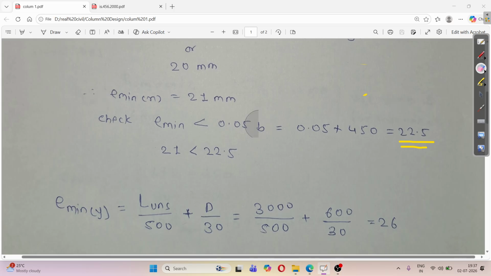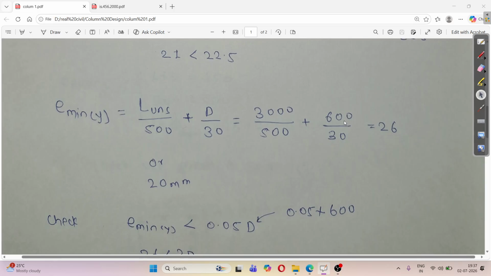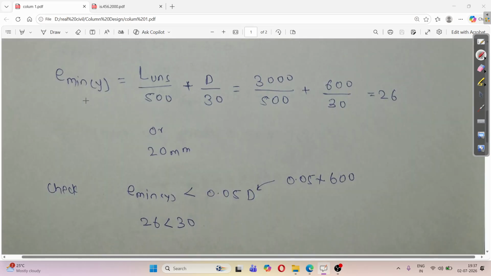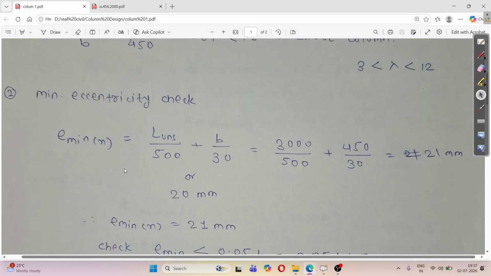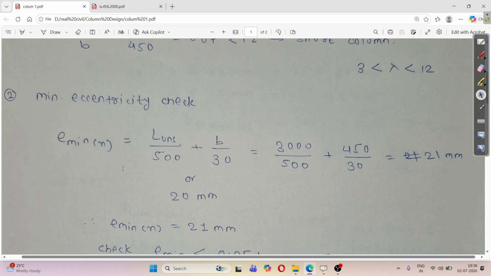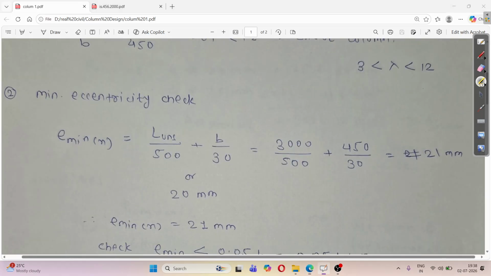Similarly, we have to do it for y direction. So here you can see minimum eccentricity in y direction, unsupported length divided by 500 plus, now here the only change will be for the y direction, that is the dimension perpendicular to y, that is D. And here we have considered eccentricity in x direction, the dimension perpendicular to x, that is we have considered this as b and this as d.